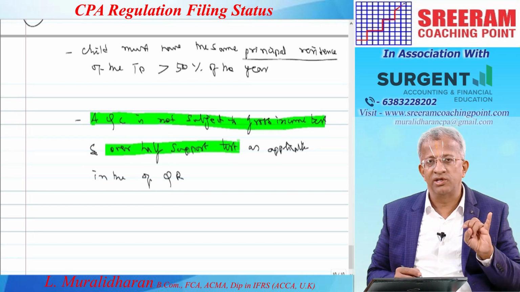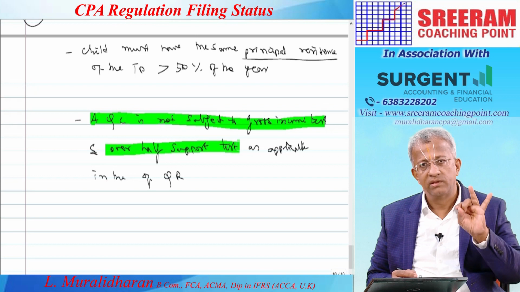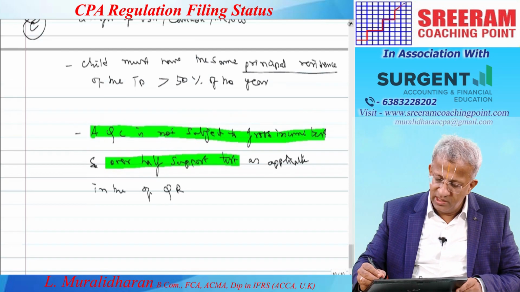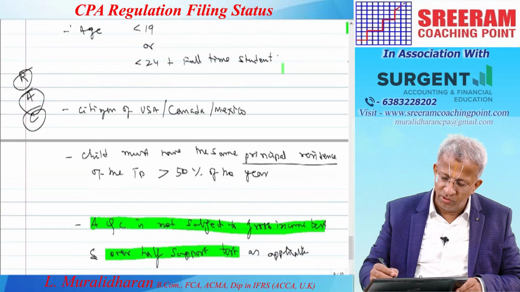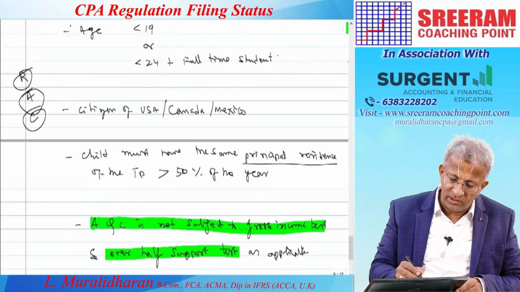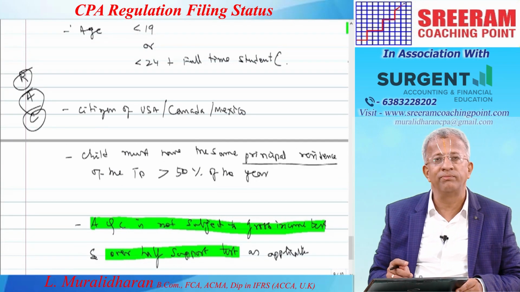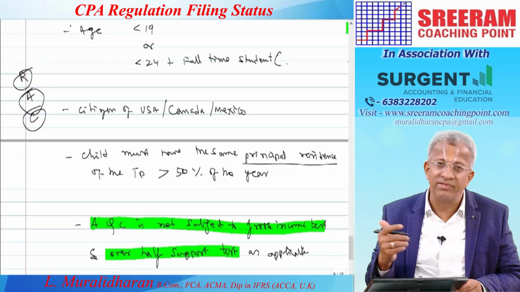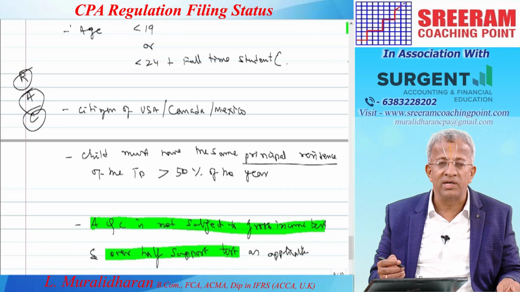So, number 1 relationship, then number 2 age factor, and in the age factor when we talk about full time student, there will always be a problem. People would like to just join a particular course on the last day of the financial year, I mean in the tax year.